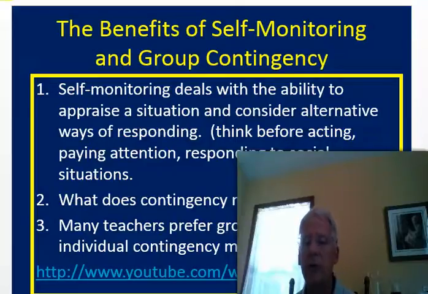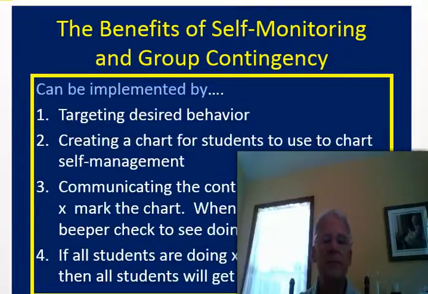And you can see page 186 for additional information. And there's a brief clip here on contingency maps. This can be a benefit to teachers when dealing with students who have misbehaviors. And this is more information on slide 68 in terms of self-monitoring and group contingency, so you can go ahead and read that.